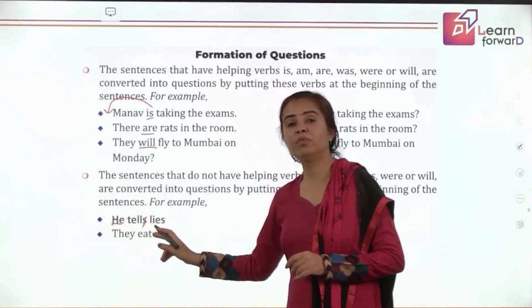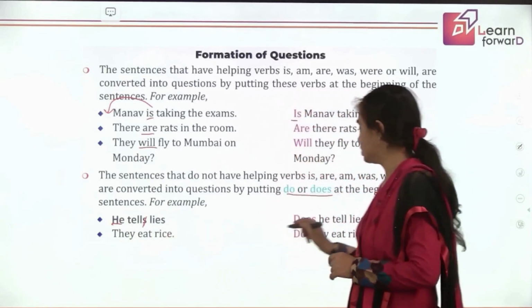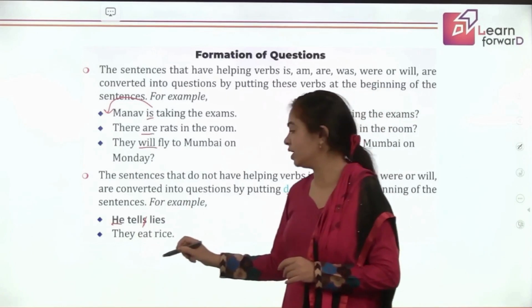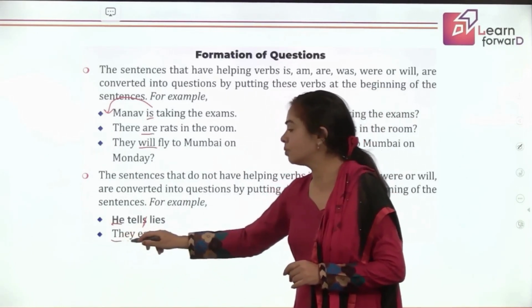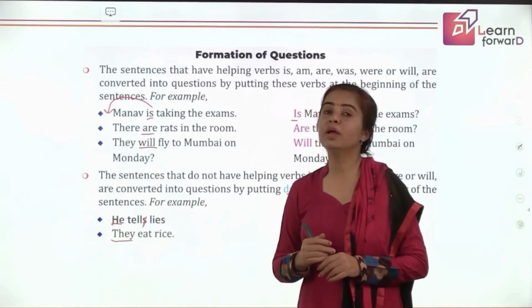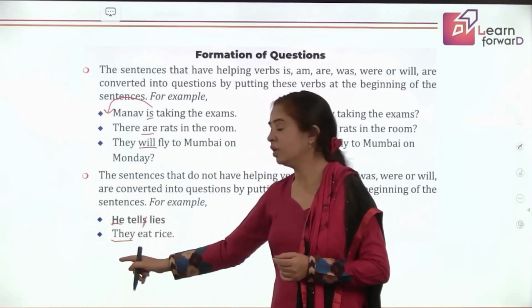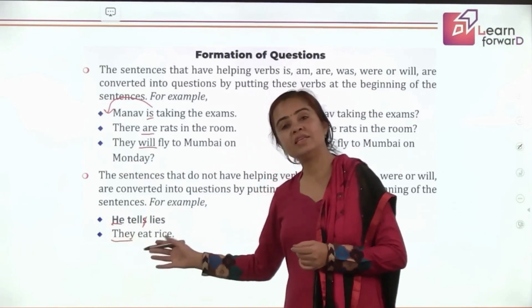You have to remove the S. So this is our question. Does he tell lies? Now in the next, again it is simple present without S or ES, because the subject is plural. They eat rice. So here we will use do. The interrogative sentence will be, do they eat rice?